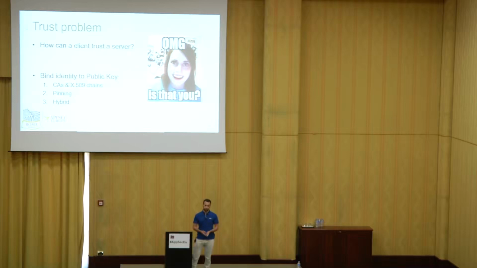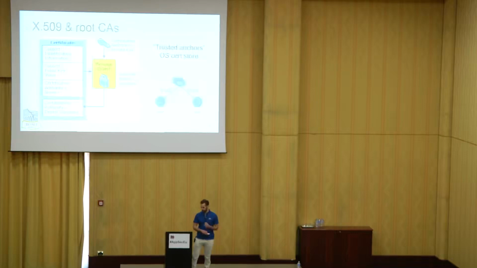Certificate authorities testify that this public key belongs to this identity, and because you trust the certificate authorities, you trust this certification. An alternative is pinning, because pinning itself can do this binding. So you can set up your application in such a way that you know that this identity belongs to this public key without certificate authorities. And then there are hybrid approaches where you do both things at the same time.